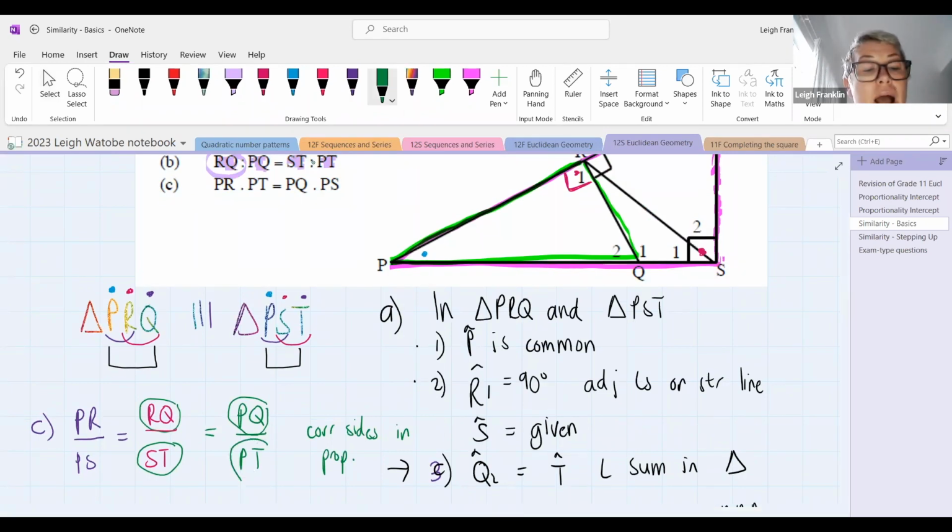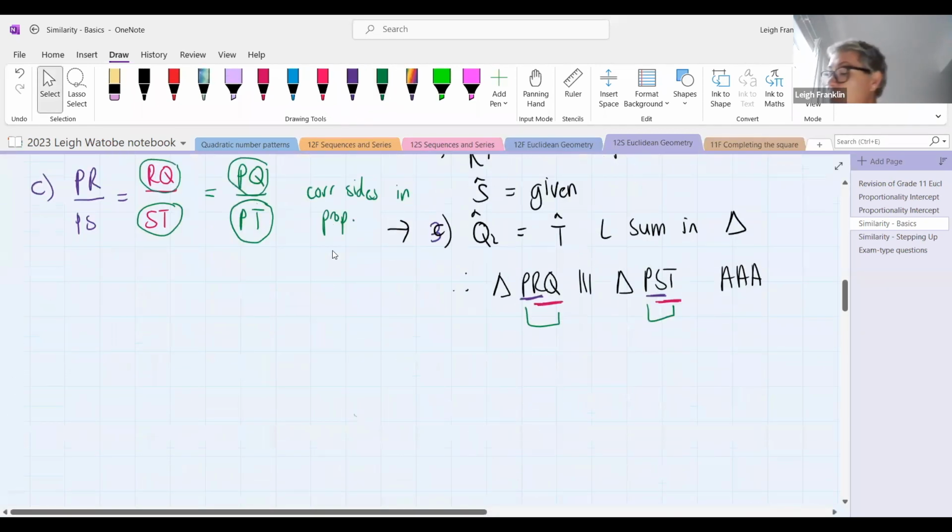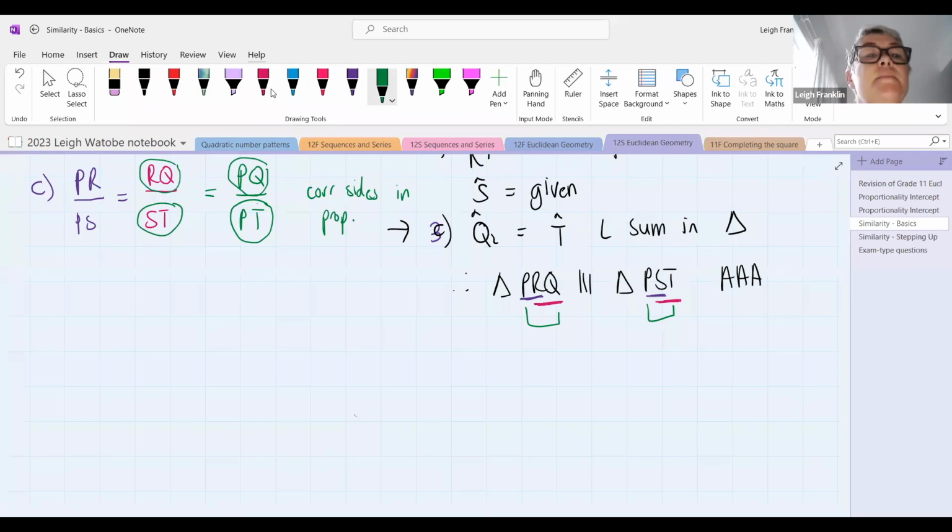Right. So now we are going back to what we learned about proportions. Do you remember our lesson when we first started the proportionality intercept theorem? I said to you, you can write it as a ratio of the numerators to a ratio of the denominators. So in other words, if I've got 1 over 2 is 5 over 10, the ratio 1 is to 5 is the same as the ratio of 2 is to 10.